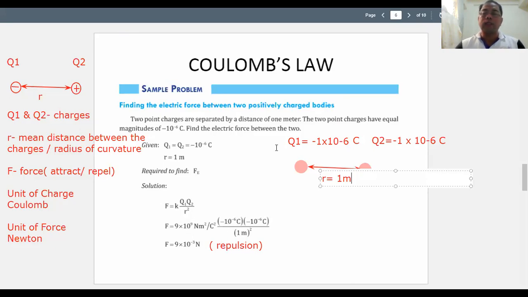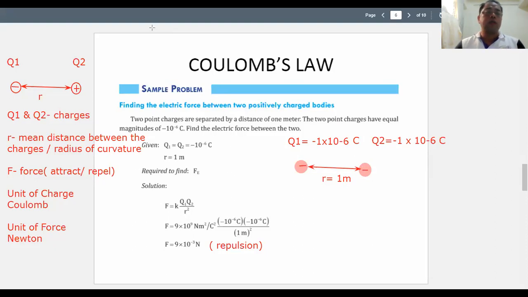Negative times negative becomes a positive. So they are both negative charges.